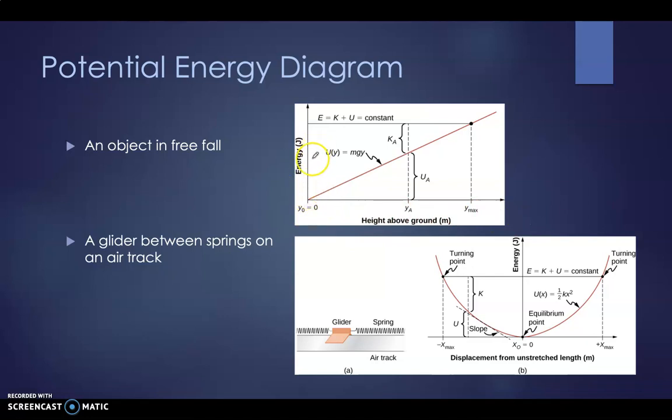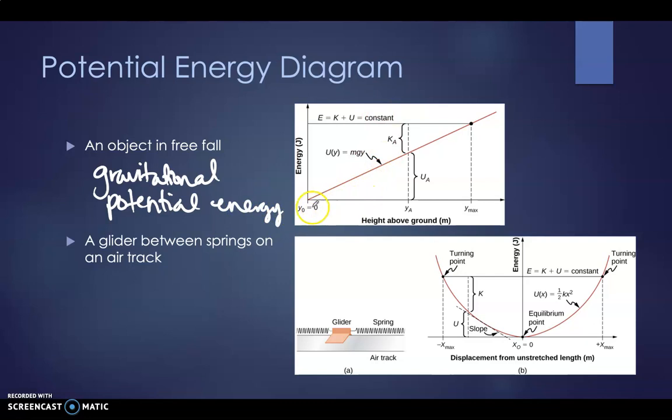And with this, we can plot our potential energy, which we have defined as mgy when we're talking about gravitational potential energy. This makes sense that this line is linear since it just depends on y and mg, which are constants.